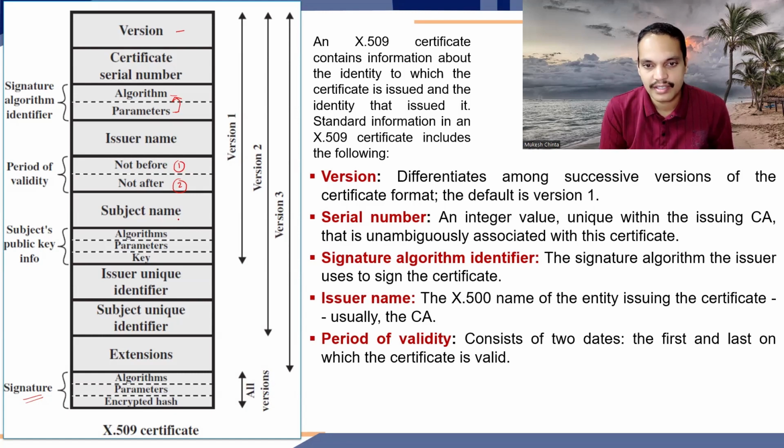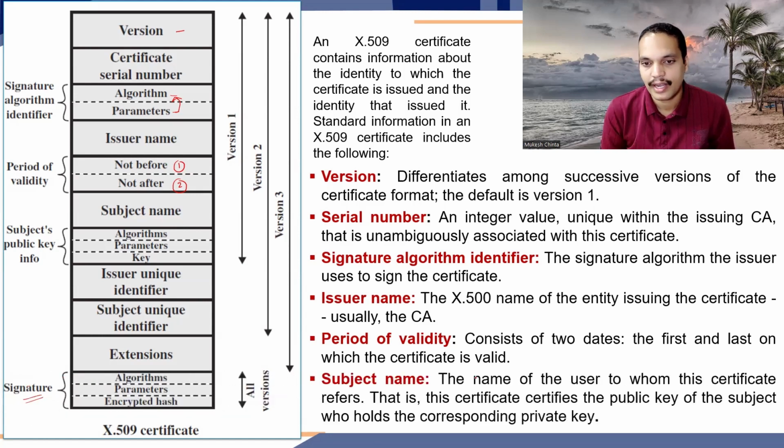So the next one is the subject name. The subject name is nothing but the name of the user to whom this certificate refers. That is, the certificate certifies the public key of the subject who holds the corresponding private key. To whom this particular certificate is being issued is written over here.